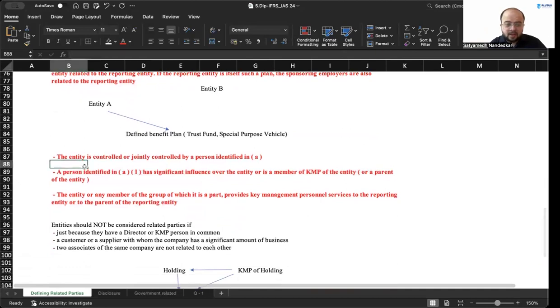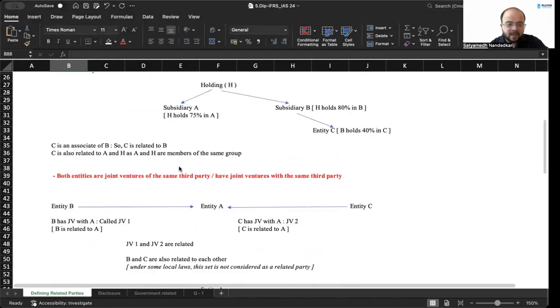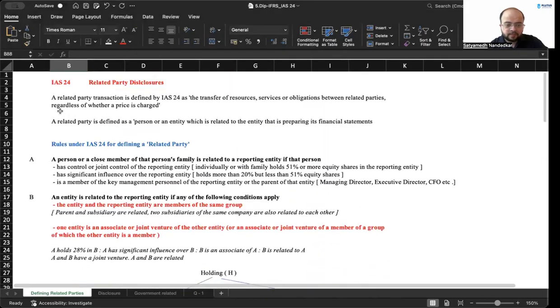The entity is controlled or jointly controlled by a person identified in A. That means controlled by a person or jointly controlled by a person from this list, so that entity would be related to the reporting entity.